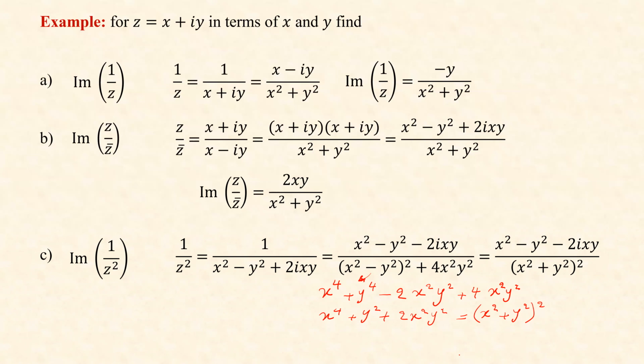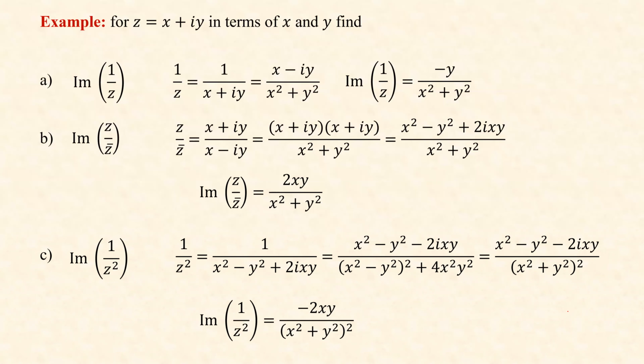Okay. So the denominator becomes x squared plus y squared, and then the factor of i becomes negative 2xy divided by the denominator. So negative 2xy divided by x squared plus y squared.